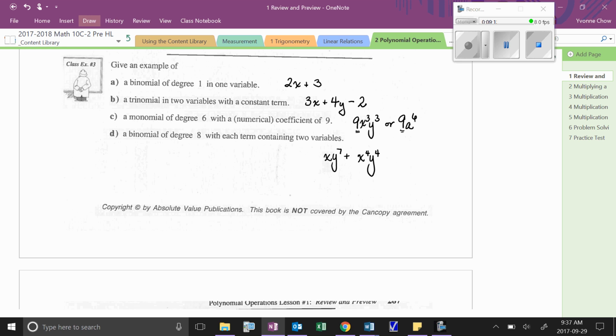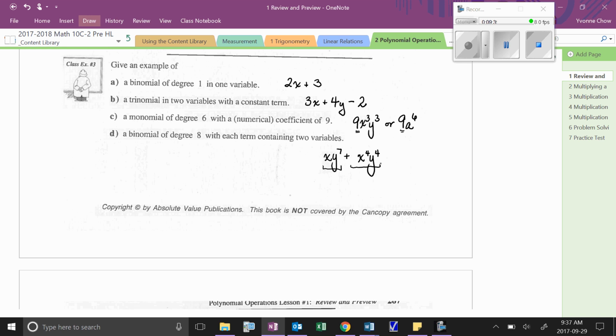For D, a binomial degree 8, each term containing 2 variables. So again, we've got 2 terms. It could be addition or subtraction because it doesn't specify what the coefficients are. If you wanted to have coefficients other than +1, as I have, you're welcome to do that. Each one has 2 variables. Again, it doesn't specify that they have to be the same.